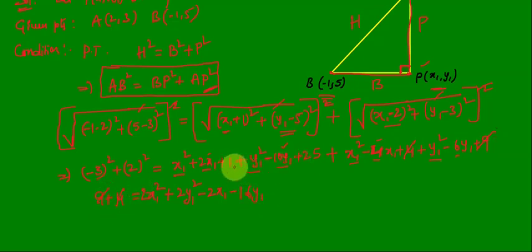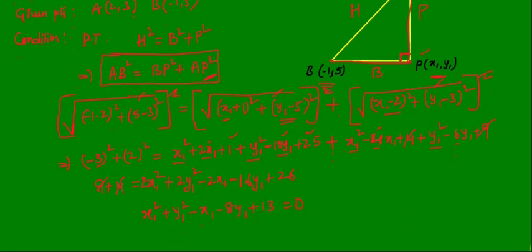So what I am left with is 25 plus 1, plus 26. So now if you observe here I can take 2 common, so this will become x1 square plus y1 square minus x1 minus 8y1 plus 13 is equal to 0.